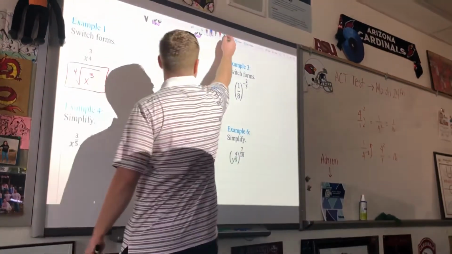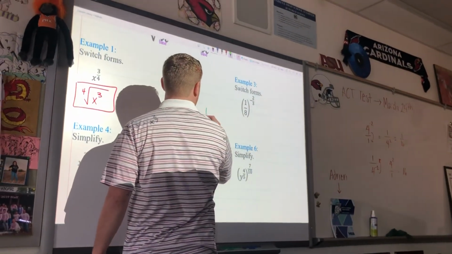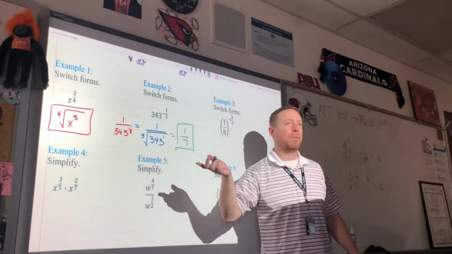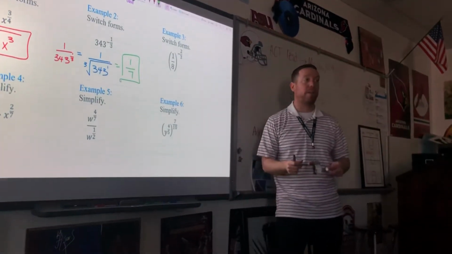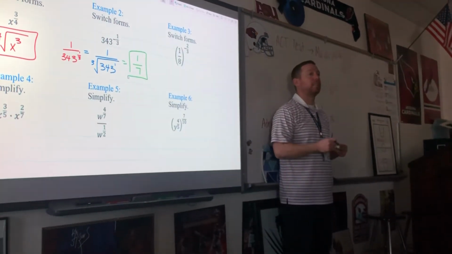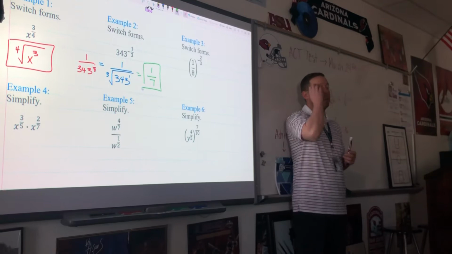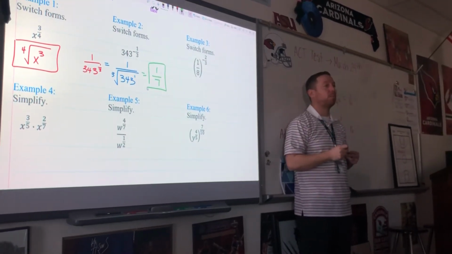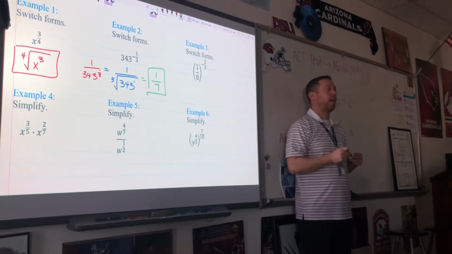Answer is 7. Okay, if you had 7 times 7 times 7 in the calculator, it would give you 343. So the cube root of 343 is 7, but then it becomes 1/7 because we have a 1 on top. Okay?